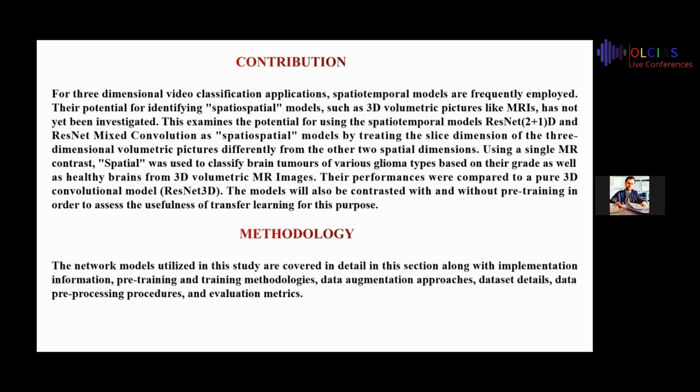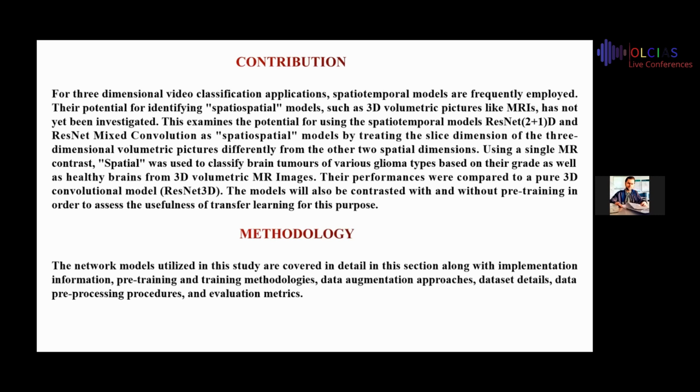So the contribution: for 3-dimensional video classification applications, spatio-temporal models are frequently employed. Their potential for identifying spatial-spatial-spatial data such as 3D volumetric pictures like MRIs has not yet been investigated. This work examines the potential for using the spatio-temporal models ResNet (2+1)D and ResNet mixed convolution as spatial models by treating the slice dimension of the 3-dimensional volumetric pictures differently from the other 2 spatial dimensions.